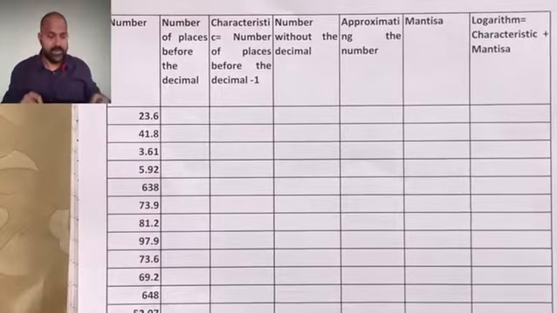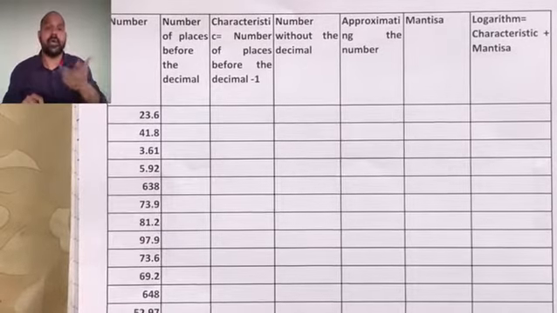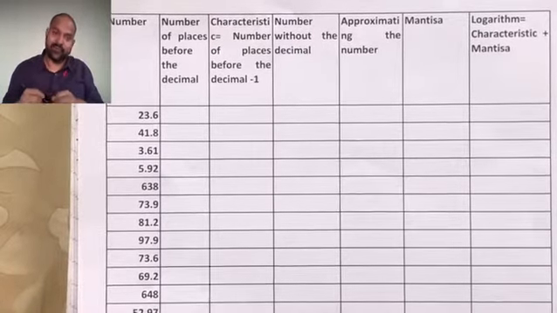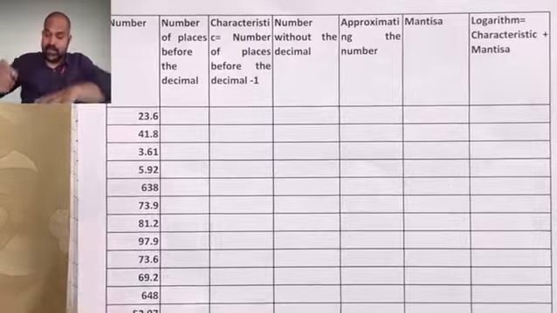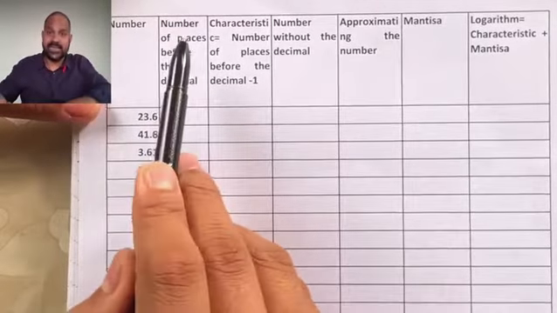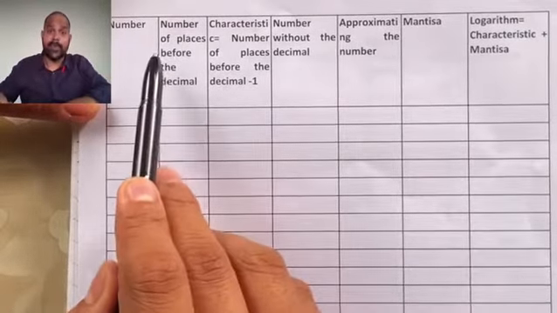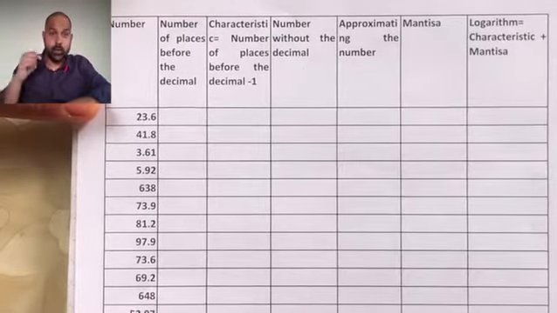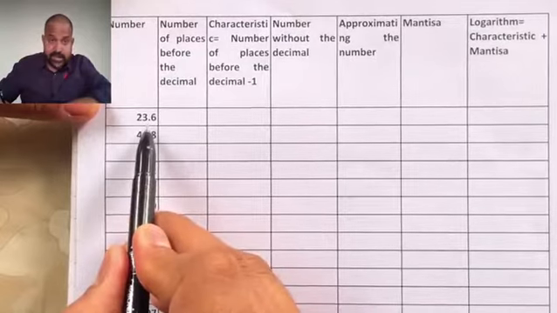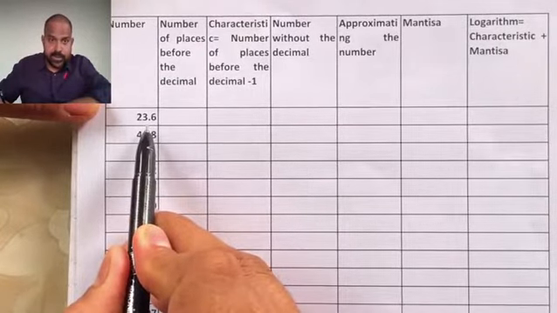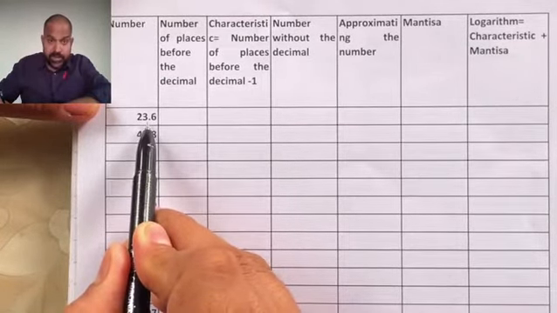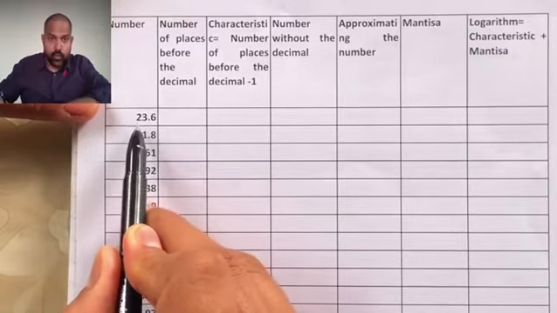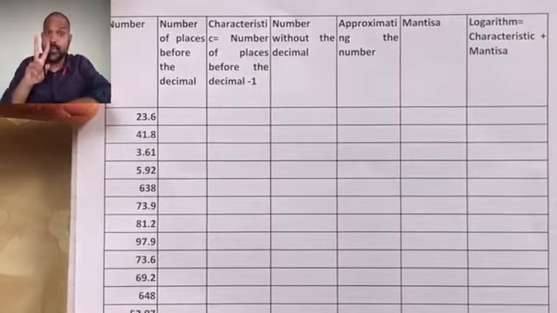So step 1 is I'm going to count how many places I have before the decimal, and that is why I have given you a column that says number of places before the decimal. How do you count it? This is the decimal. Before the decimal, there is a 3 and a 2. So can I say there are 2 places before the decimal?